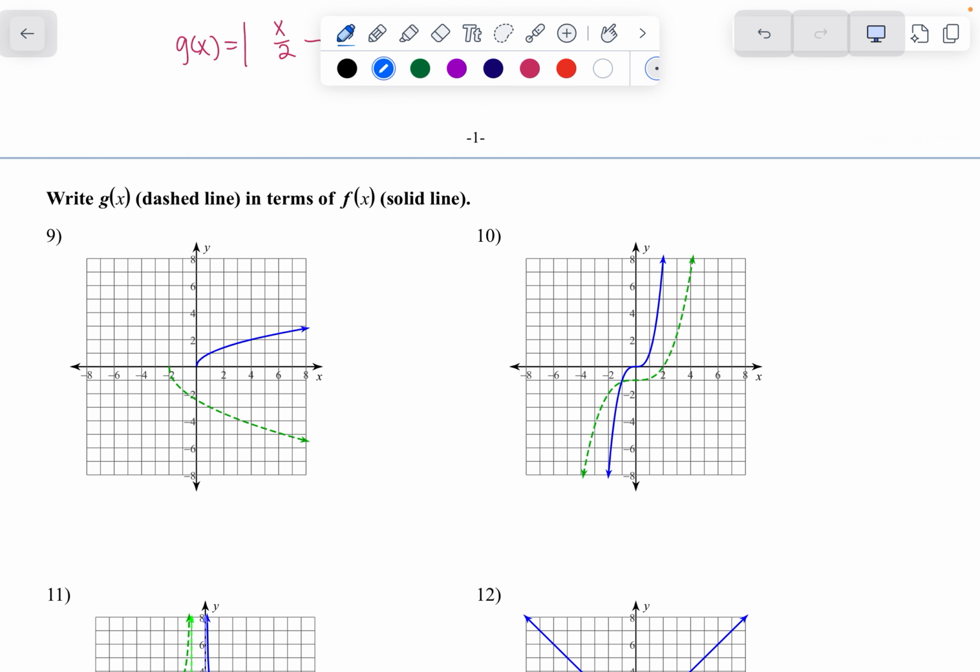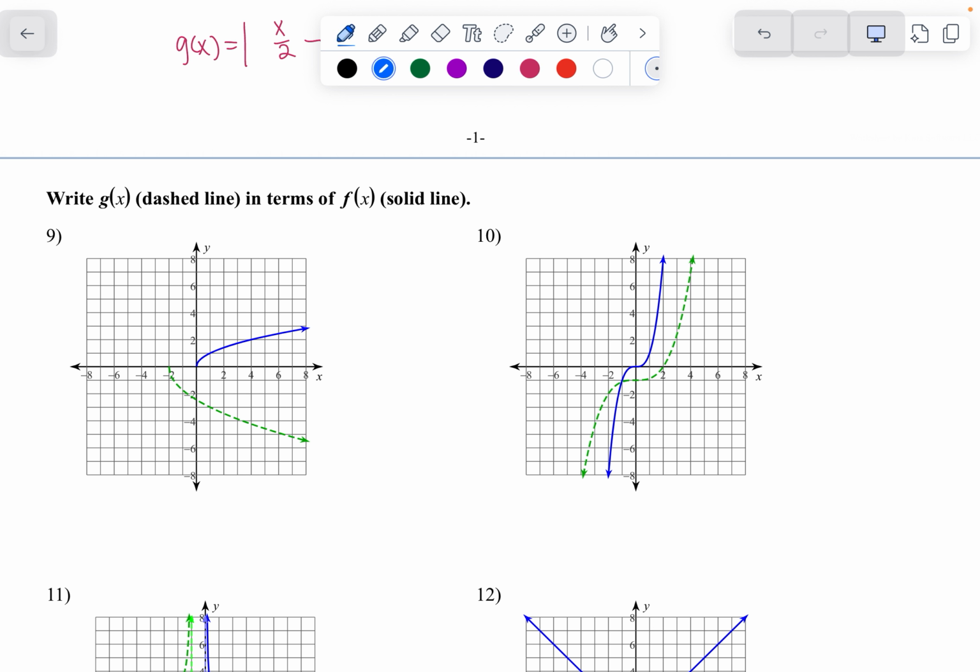So our g of x function needs to move to the left 1, up 2. So we would need an addition of 1 on the inside to move it left 1. An addition of 2 on the outside will move it up 2. And then we need a flip, so put a negative out in front.